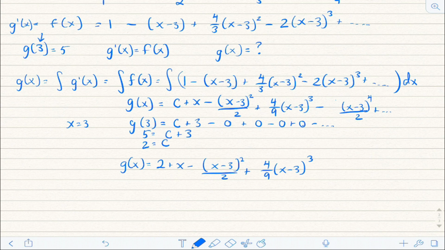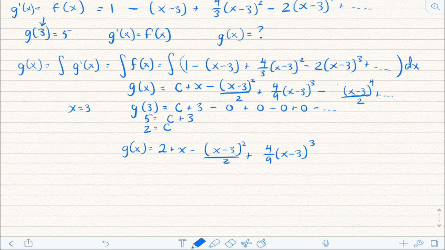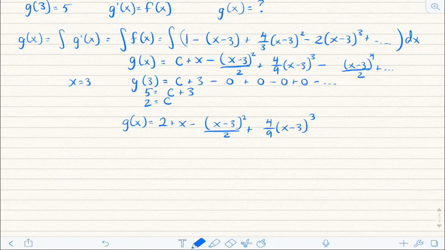But I do want to clean this up a little bit. We notice that the center is at 3, so we need that minus 3 piece. I can rewrite this as g of x is equal to 5 plus (x minus 3), and in that case we still get the overall result of 2, but we keep those parentheses that it's centered around.